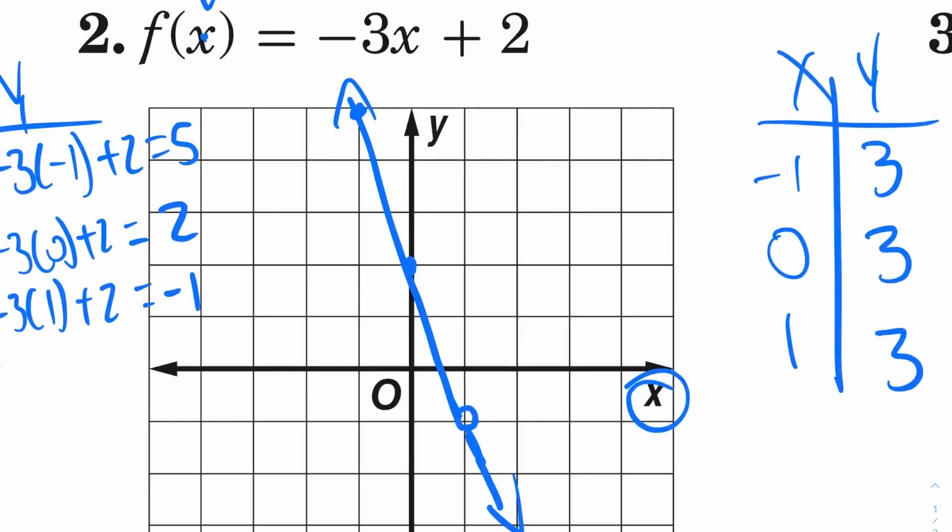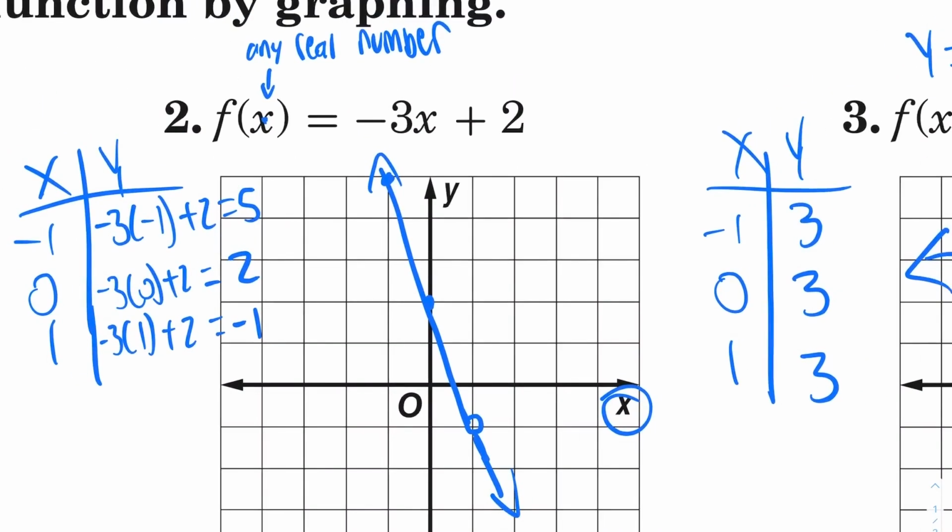There would be a hole, but that's something we're going to deal with in higher math. I'm just trying to show, since you can plug in anything for x, decimals or whole numbers, this graph is going to be connected with a line and not dots.